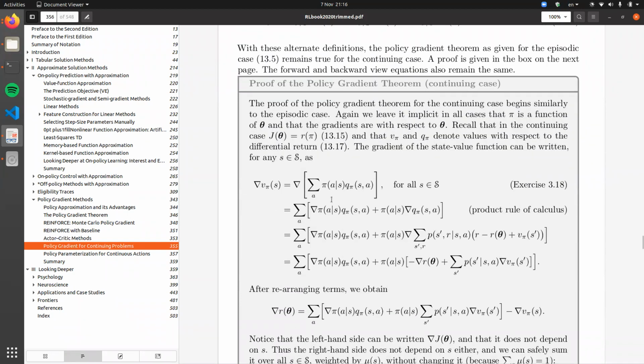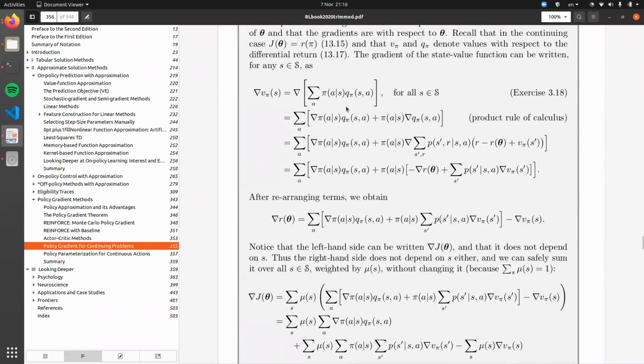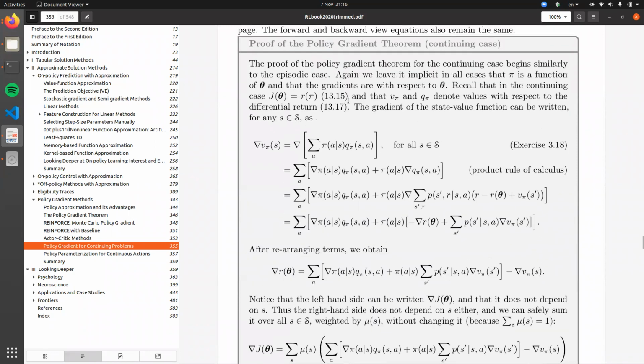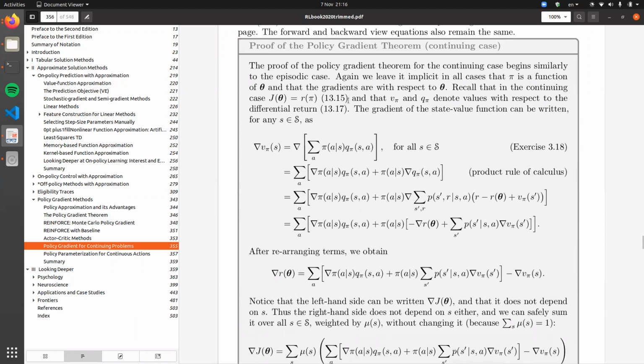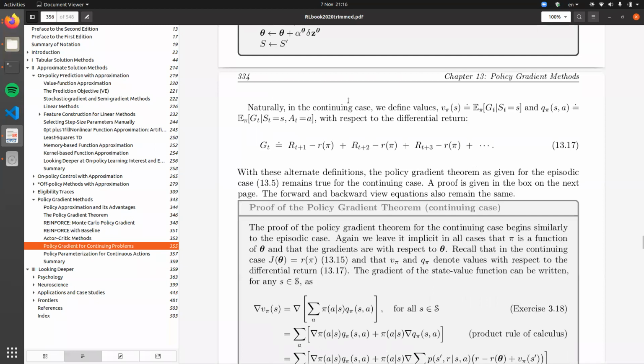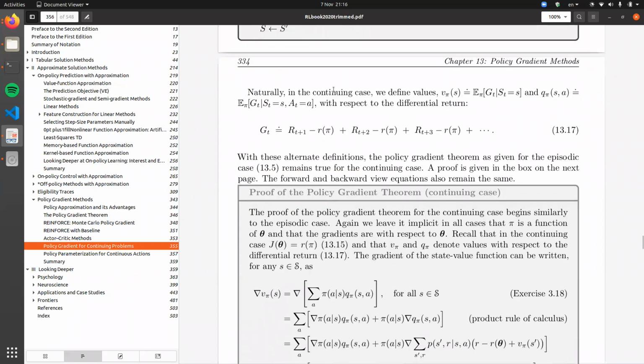Okay, and you can go through the proof of the policy gradient theorem for the continuing case, so it is applicable for the continuing case as well.